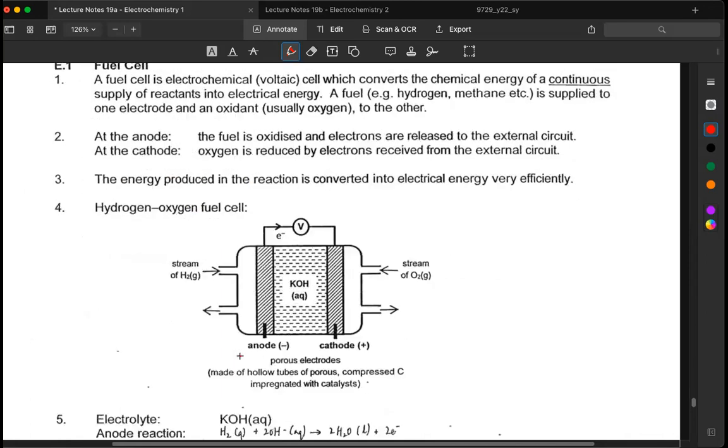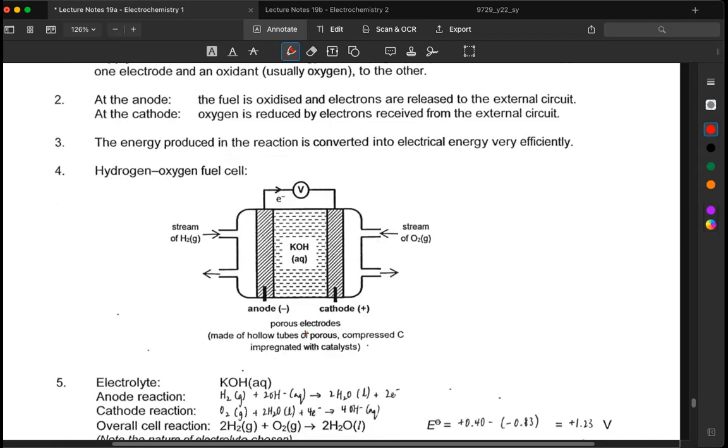At the anode, the fuel is oxidized and electrons are released. At the cathode, the oxygen is reduced by electrons received from the external circuit. So always anode oxidation, release of electrons. Cathode oxygen is reduced, reduction, electrons received. And then they actually produce energy.